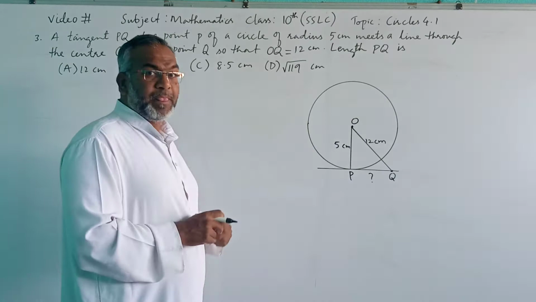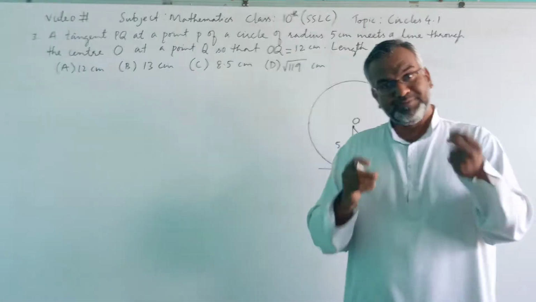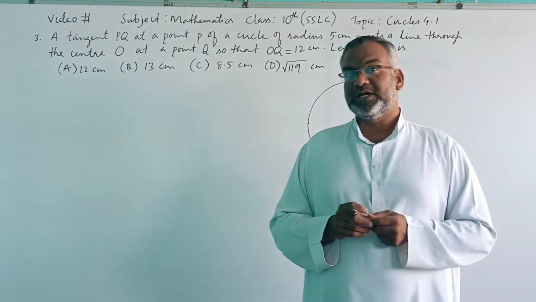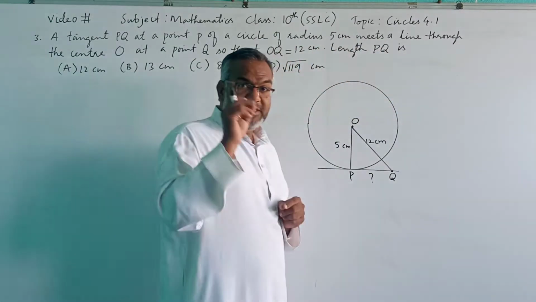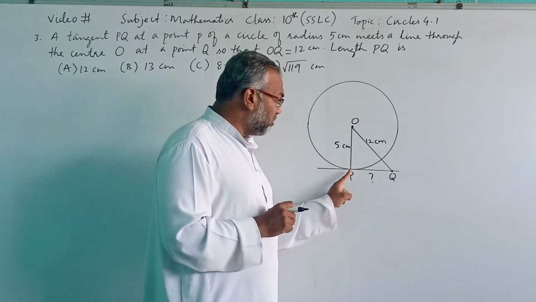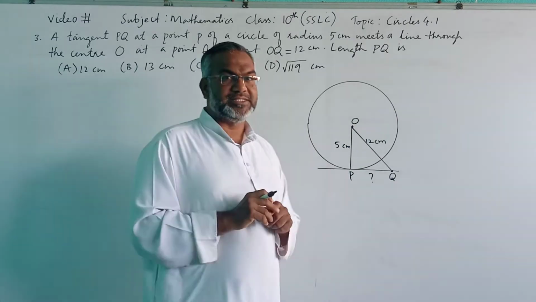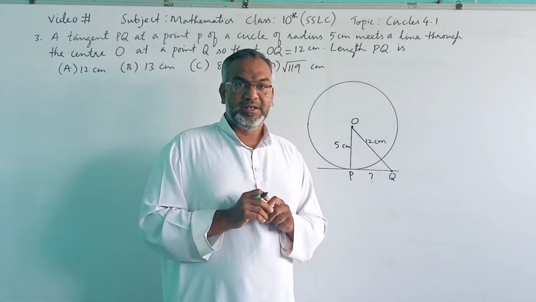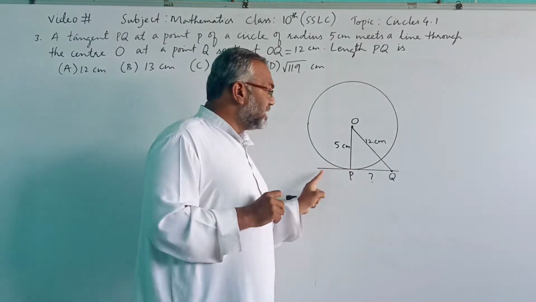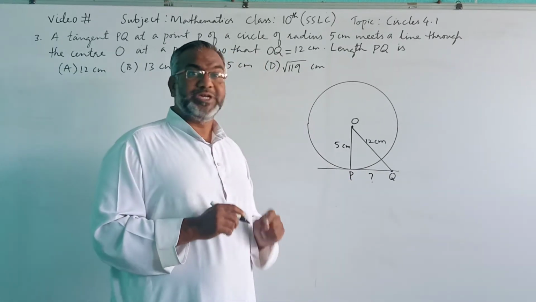Okay, let's find. In the previous video I explained a theorem on circles, that the angle between the radius and the tangent at the point of contact will always be equal to 90 degrees, a right angle. The radius and tangent at the point of contact are perpendicular to each other.